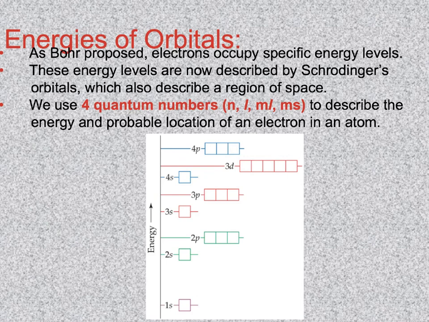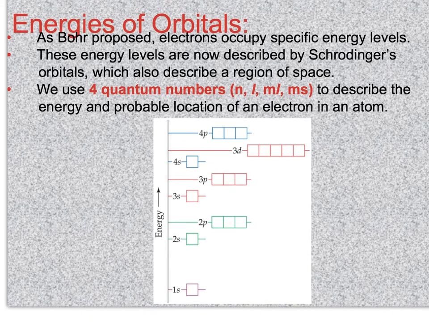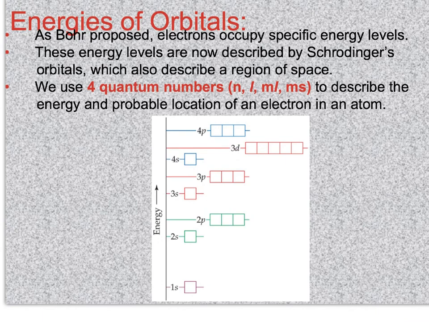All right, this is an orbital energy diagram. Basically what I want you to get out of this diagram is the relative energies of the different types of orbitals we can have. Ultimately, in the next chapter, Chapter 8, we'll be doing electron configurations, and so this will come into more play then.